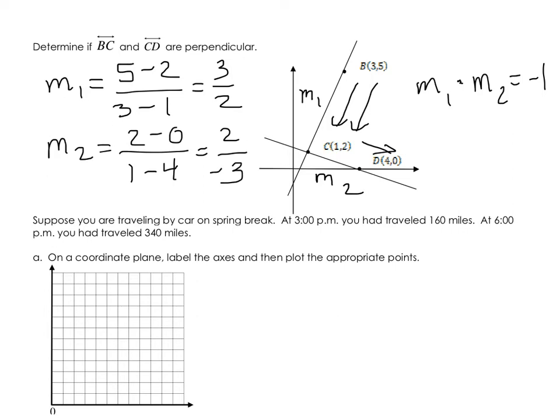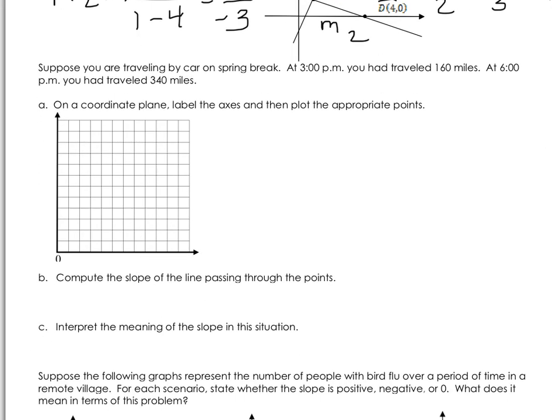So let's take those two slopes, 3/2 times -2/3. If you multiply those, do you get -1? Yes, you do. These lines are perpendicular. Also, you may notice that the slopes are opposite reciprocals. One is positive, one is negative, and you take the reciprocal of 3/2 and you get 2/3. So those lines are perpendicular.